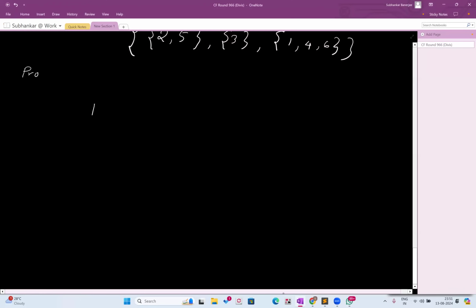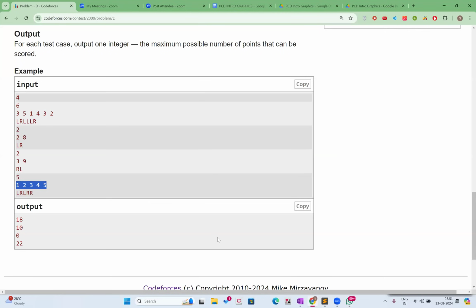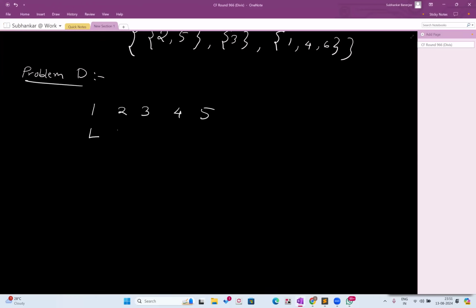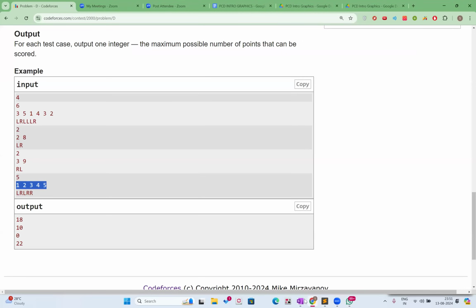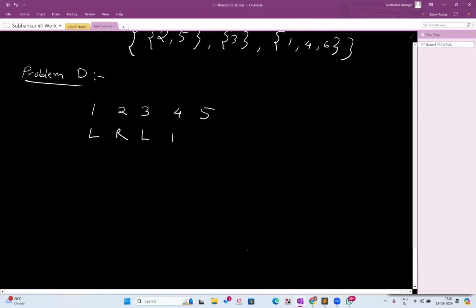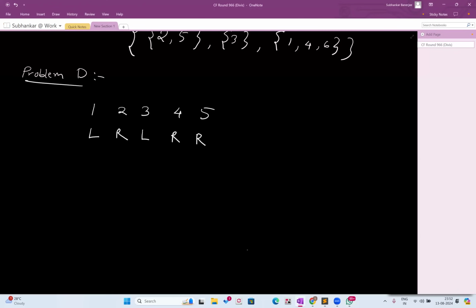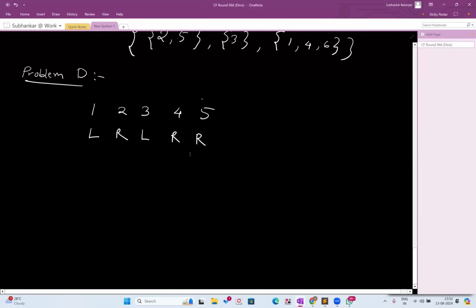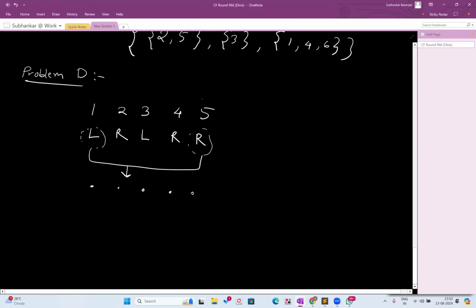This is problem number D. Now let's see what the question is saying. Basically, I can choose this and this as my L and R. If I choose this, then I have to mark the string elements like this, so the entire string will be filled with dots.